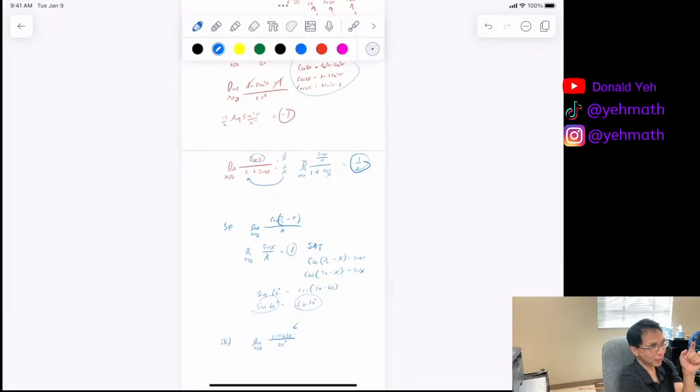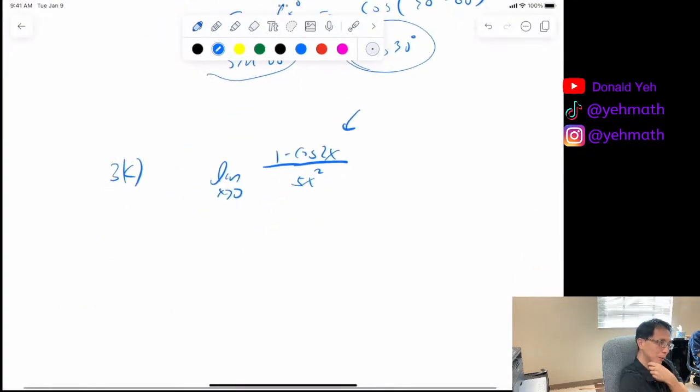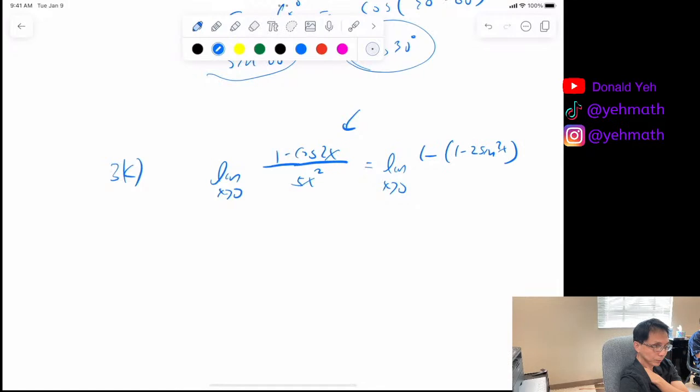Because if you subtract negative 1, it becomes adding 1. So you want to choose the second one, the ugly one.